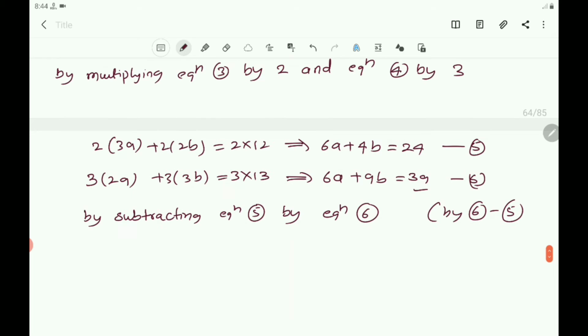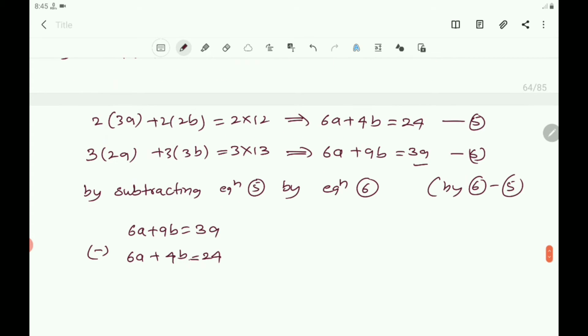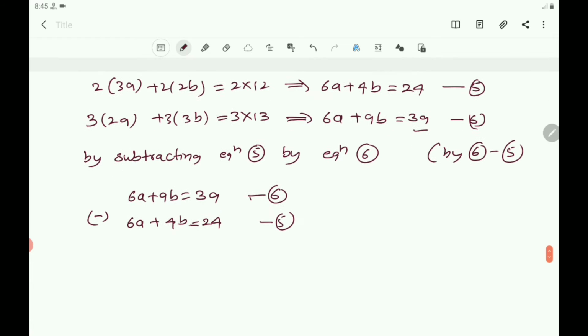So you write the sixth equation above, that is 6a + 9b = 39. Subtraction means you put minus here: 6a + 4b = 24. So this is the sixth equation, and this is the fifth equation.